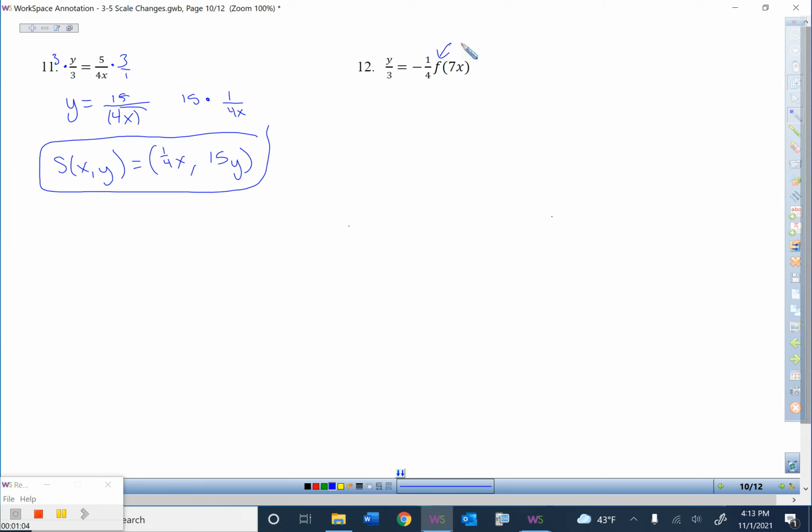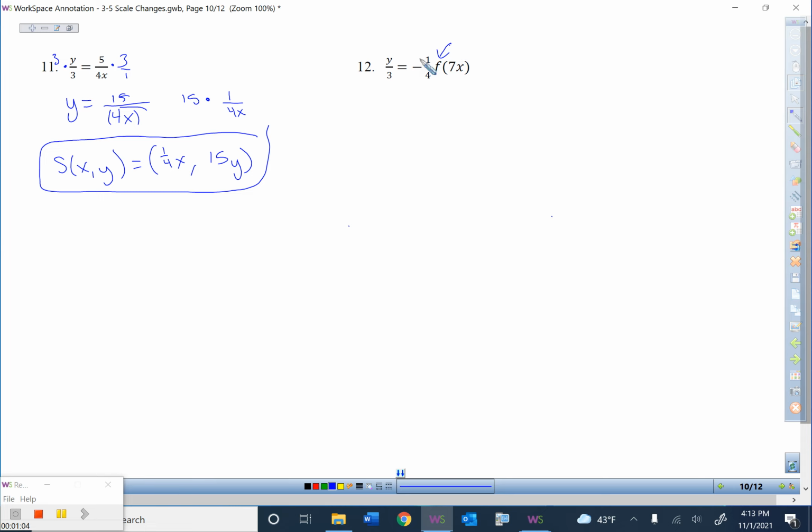So instead of being like a parent function that's traditionally one of the ones we know, our square root, our absolute value, our quadratic, things like that, it's just a random graph of points. So a random graph of points will usually use this just plain f of x instead of a specific equation, because sometimes we can't make equations for particular points.